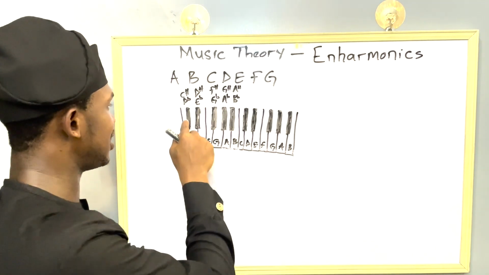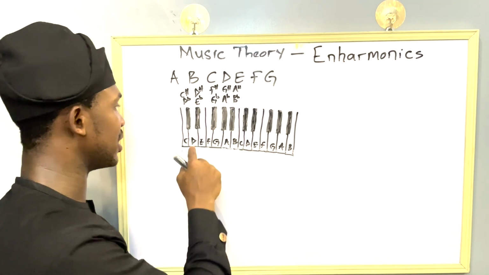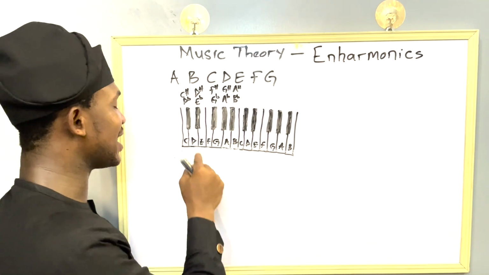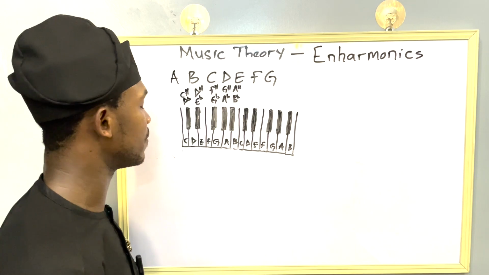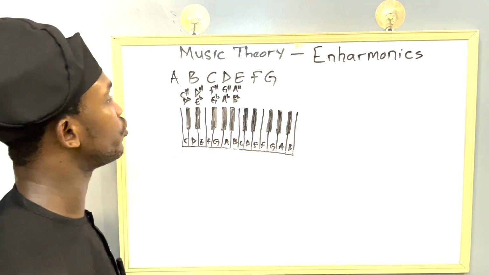This pitch can have two names, this one also can have two names, E can have two names, F can have two names. It just depends on what we want to relate it to.